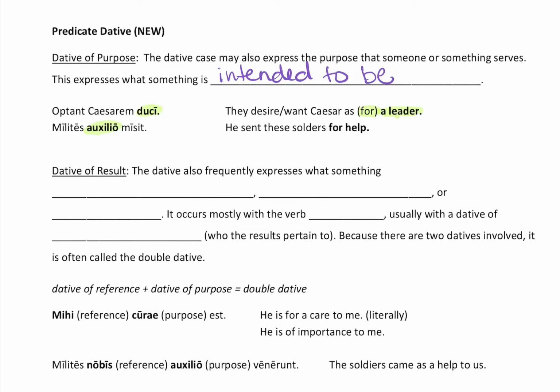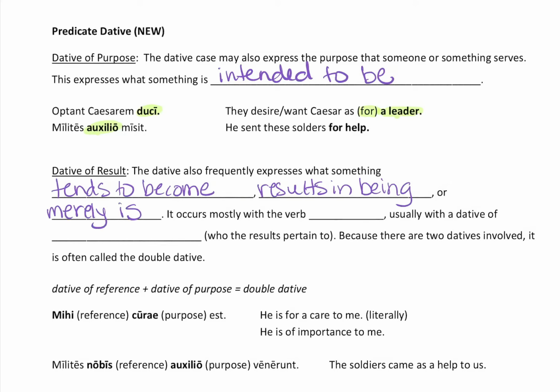The last one is dative of result. Now, the dative also frequently expresses what something tends to become, results in being, or merely is.